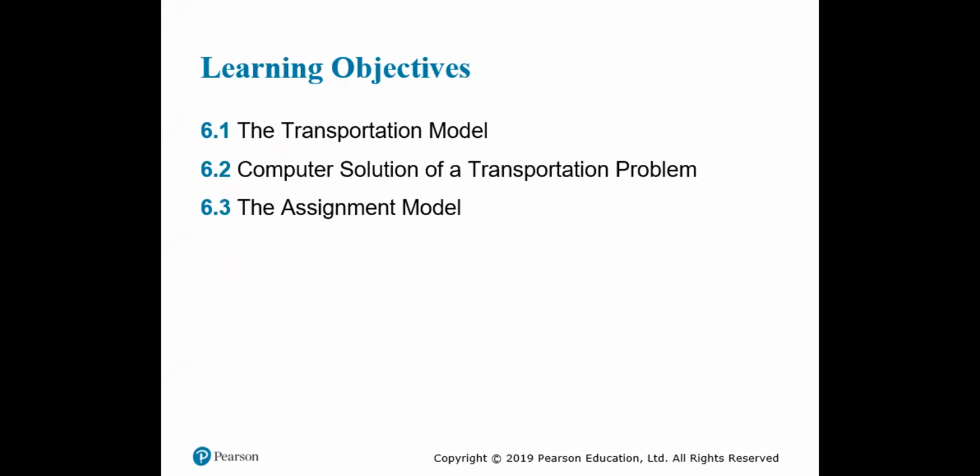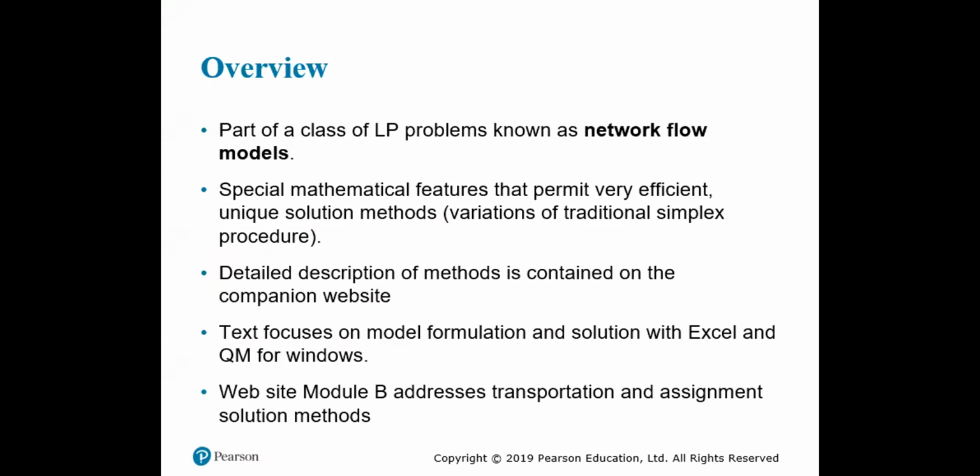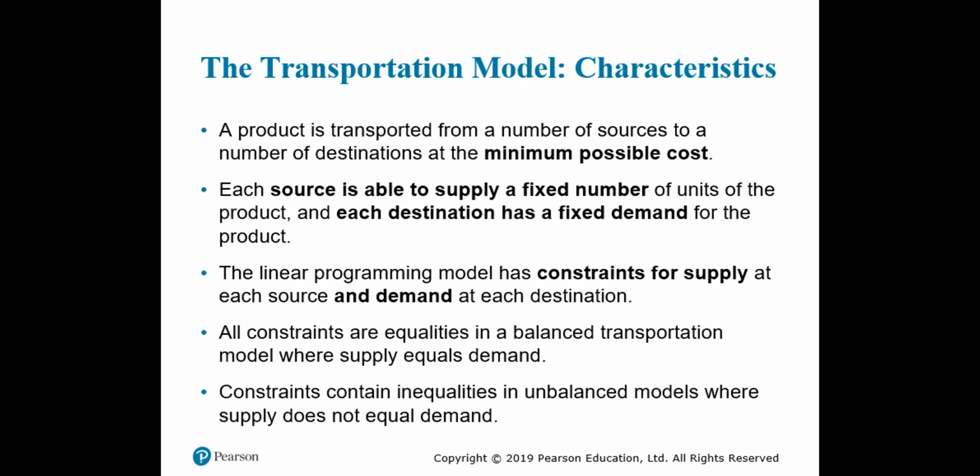So, just a recap of the characteristics of the transportation model. We said that usually in this model, you have a product that is transported from several sources to different destinations.